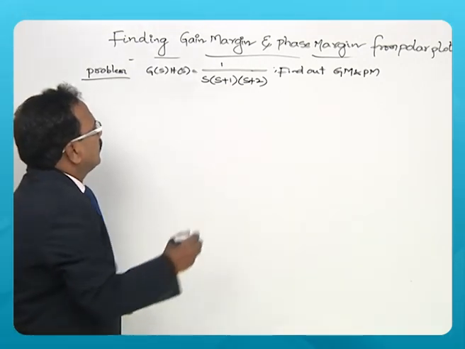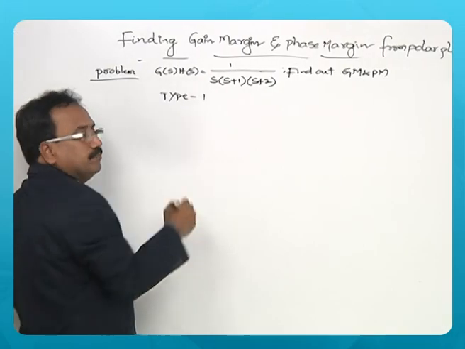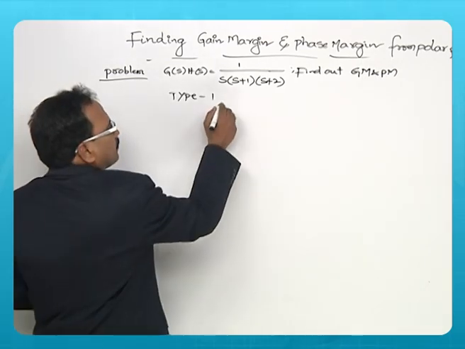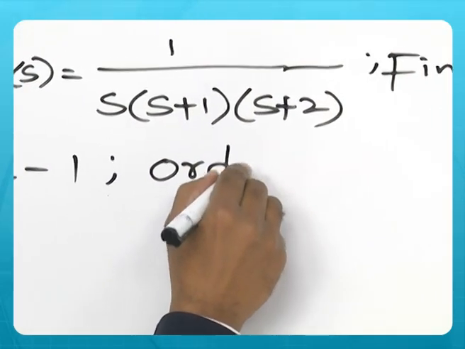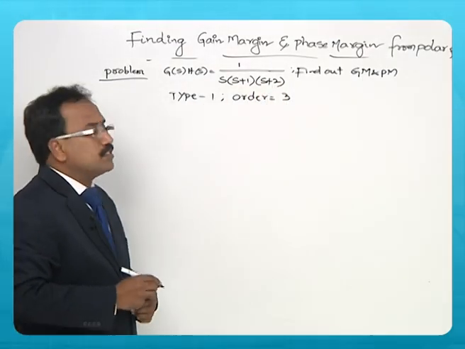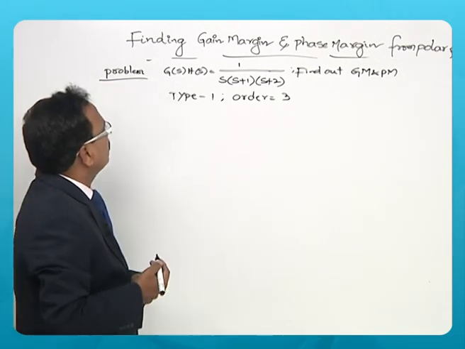As I said, this is a type 1 system by seeing the number of poles at origin, and the order of the system is 3 by looking at the highest power of s in the denominator, that is the characteristic equation.